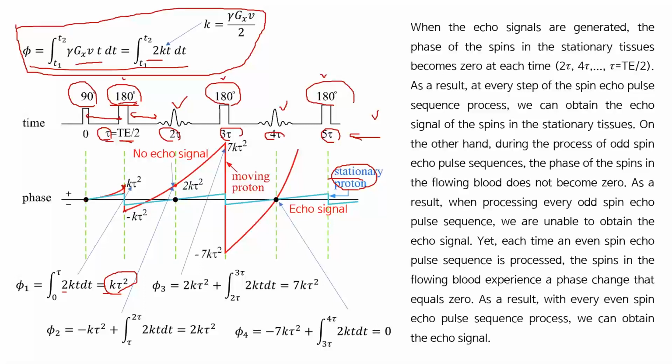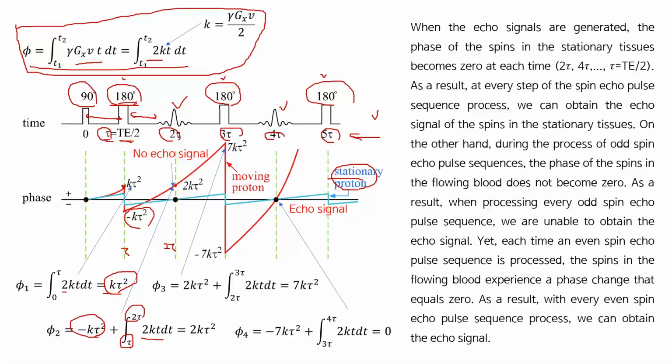And next, starting from here, the phase is changed. So this starts from minus k tau square, and from here to here, so here tau, this 2 tau. So from tau to 2 tau, 2kt dt.